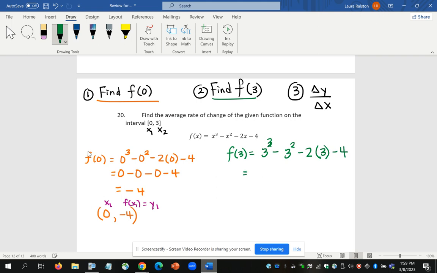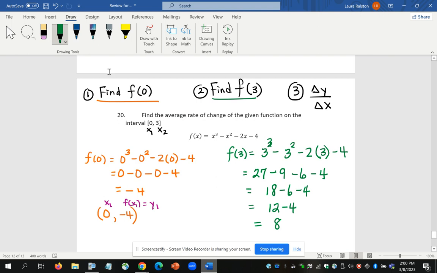Now again, if you need to, please get the calculator. 3 cubed is 27, minus 3 squared is 9, minus 2 times 3 is minus 6, minus 4. 27 minus 9 is 18, minus 6 minus 4. 18 minus 6 is 12, and 12 minus 4 is 8.